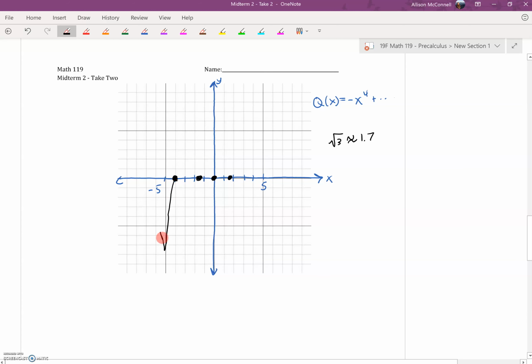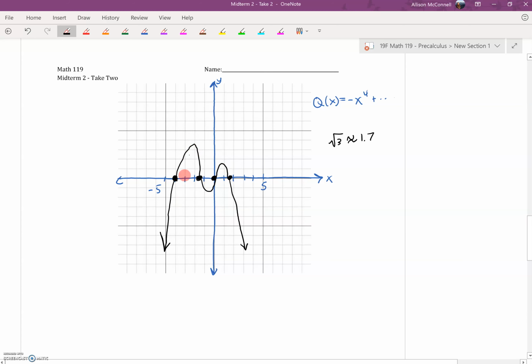Start by using your ends. Now all of our roots have odd multiplicity. That tells us they're all going to cross, and then you can just go ahead and estimate where your mins and maxes are going to be because you don't have your graphing calculator. Like we said before, your graphing calculator was supposed to be just an additional check for comfort, and the only appropriate use really would have been to get more precise mins and maxes and intervals of increase and decrease.